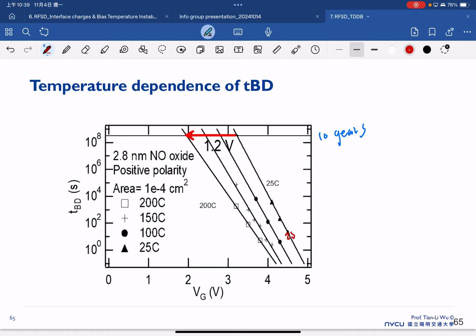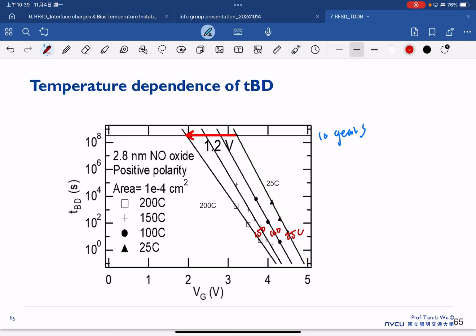This is 25 Celsius degree, this is 100, this is 150, and we test at high voltage because we want to have the acceleration testing. So once we test at the high voltage, we start to extrapolate to the target lifetime of 10 years.